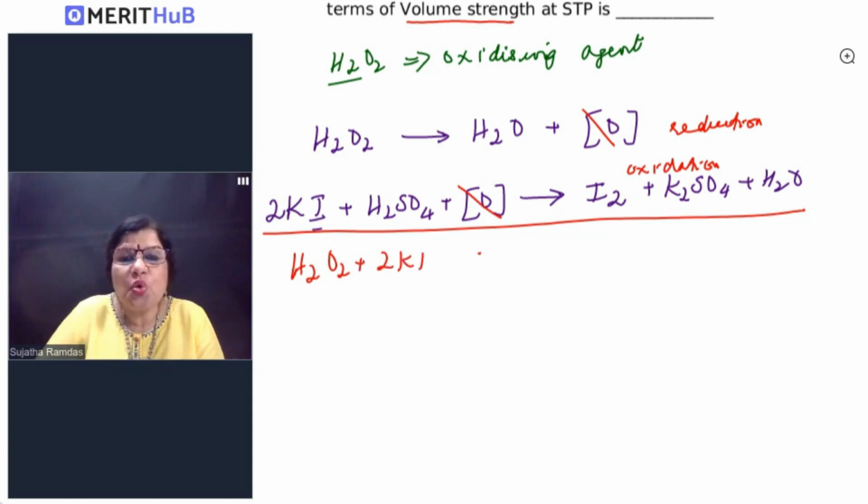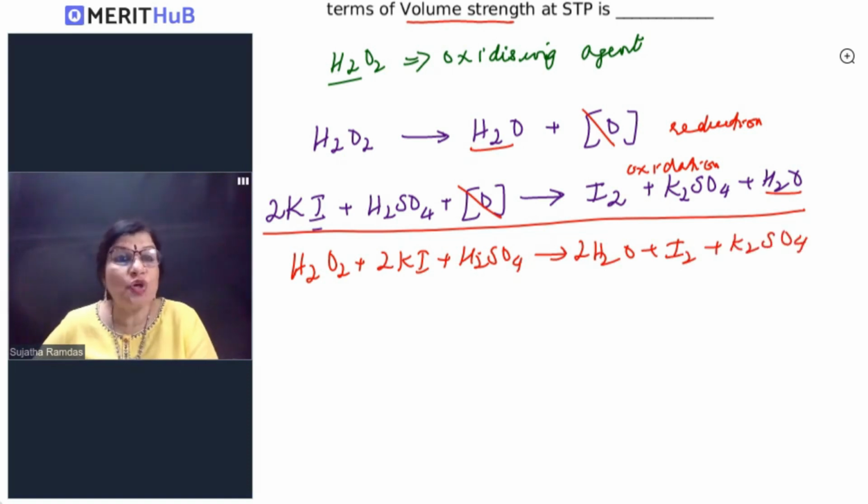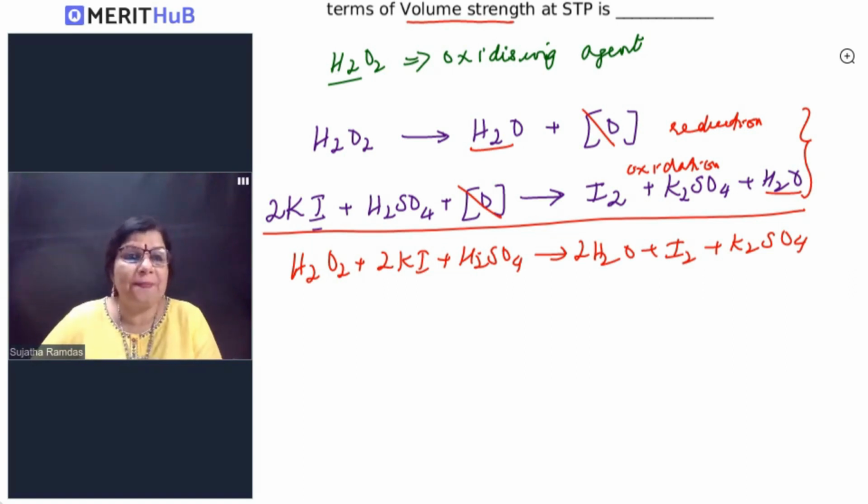H2O2 plus 2KI plus H2SO4 will give you 2H2O plus iodine plus potassium sulfate. Instead of trying to recollect or memorize this equation, this is an easier way to arrive at the required redox equation. Now let's focus on hydrogen peroxide and iodine.